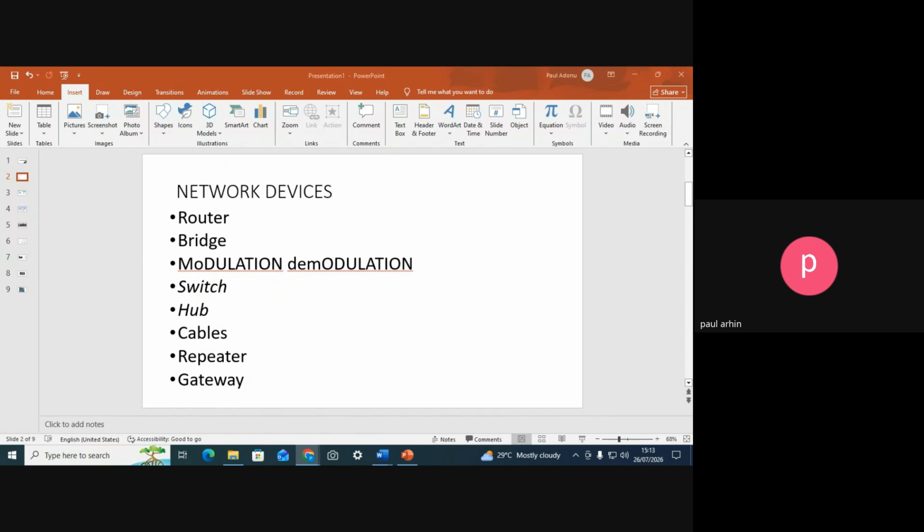A repeater's image. Let me come in. Okay, this will be fine. This will help. See this image of a repeater?